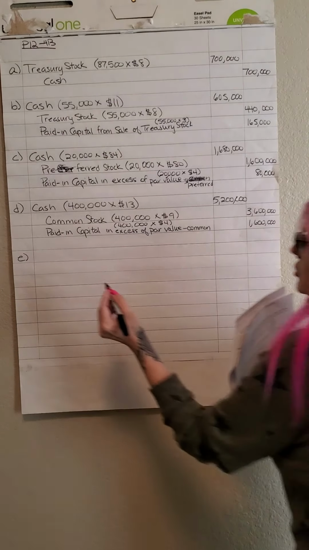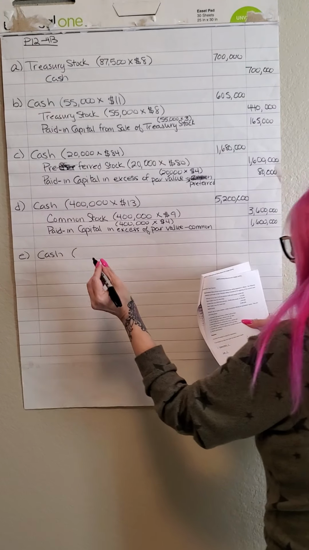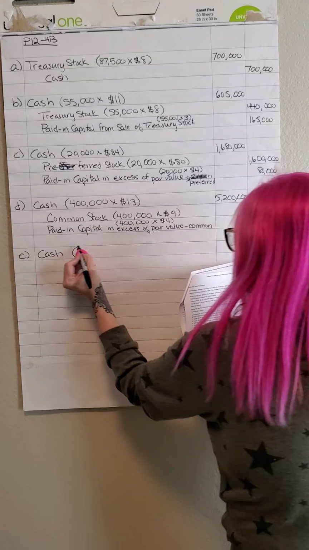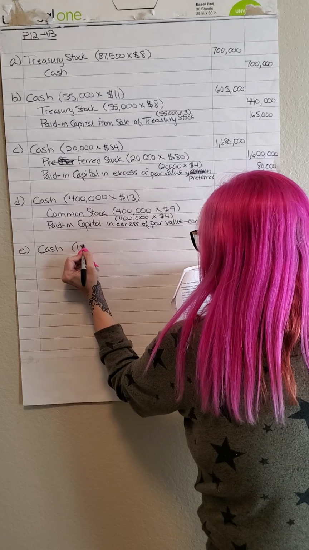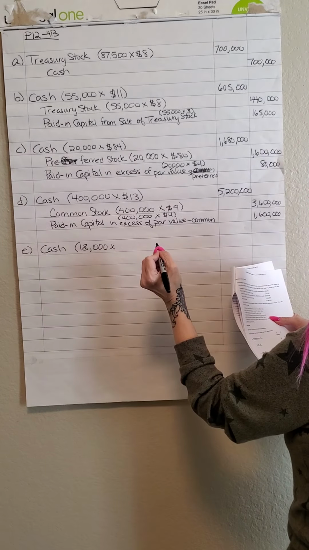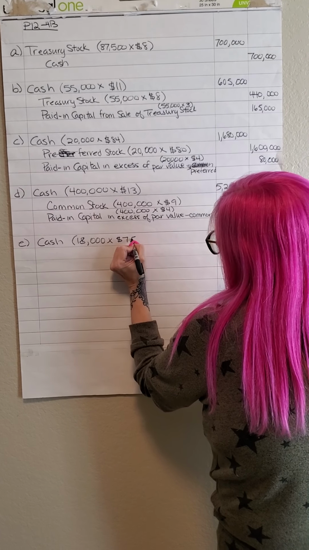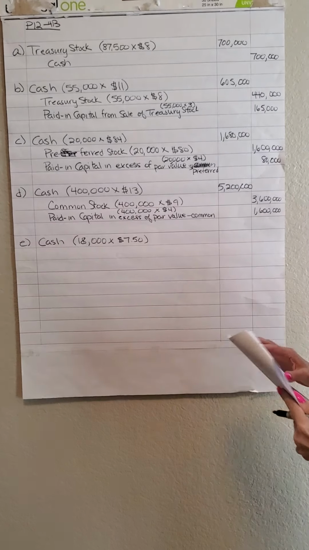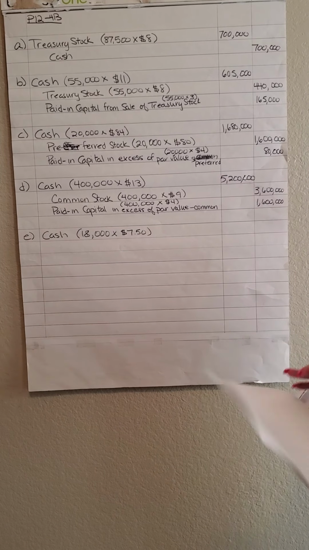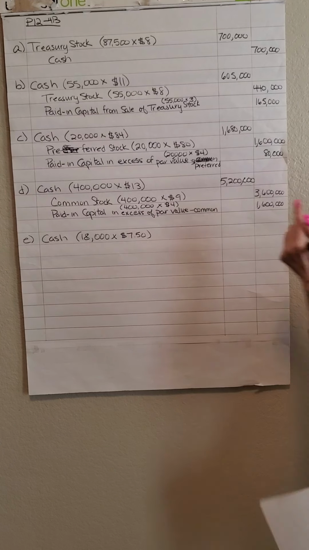So we're going to debit cash, and we're going to do it by the number of shares that we sold. So that was 18,000 shares of common stock, and we sold them for $7.50 per share. So that amount that we're going to debit to cash is going to be $135,000.